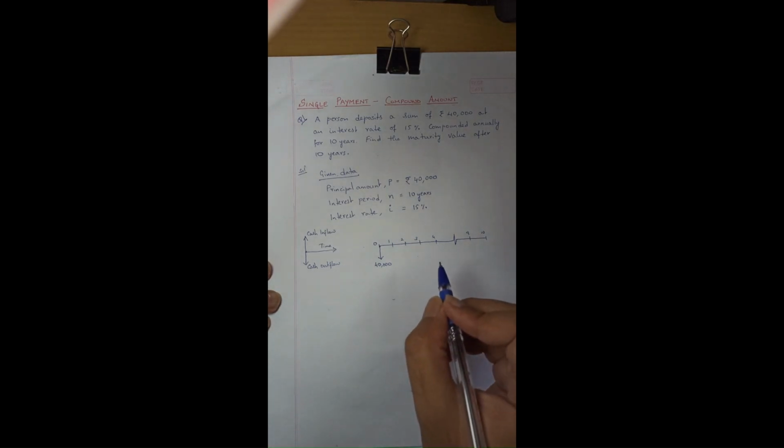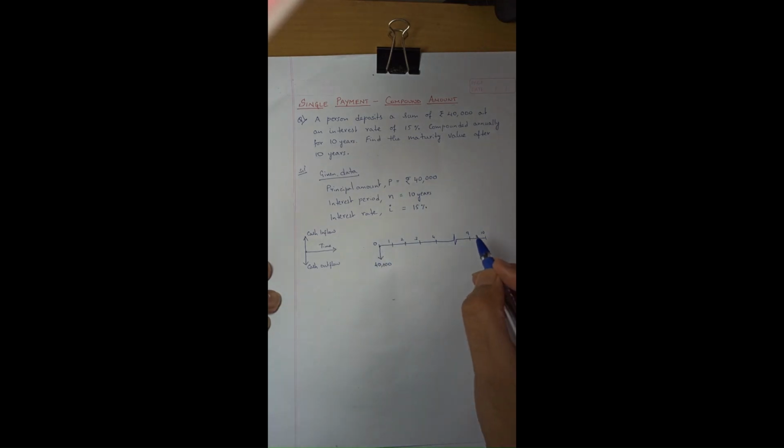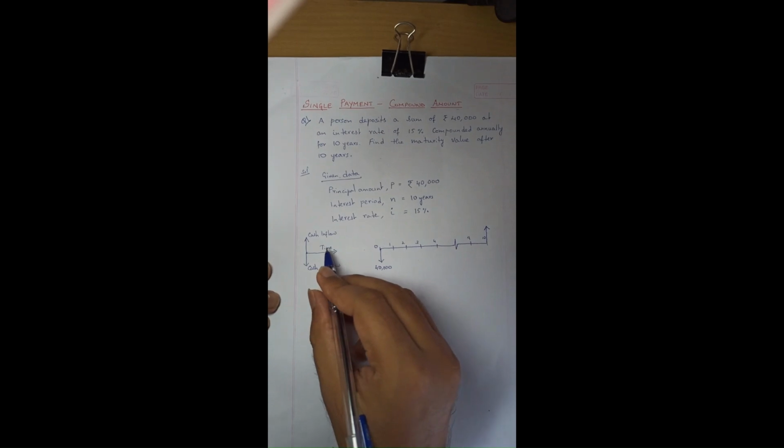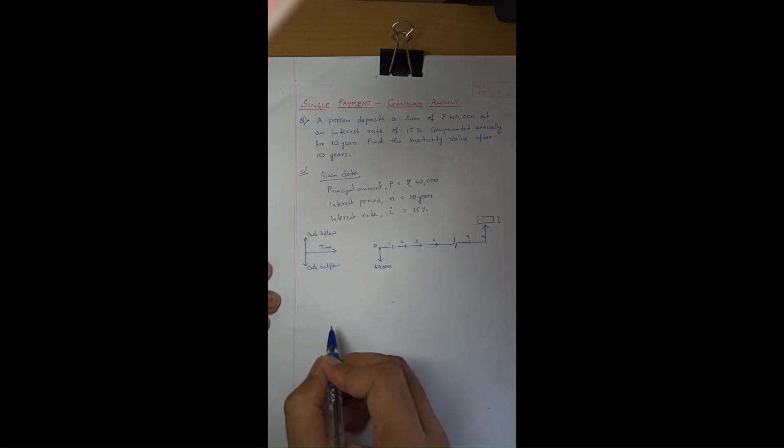Now you are supposed to determine the maturity value. After 10 years the money from the bank account is getting into the person's account, which is cash inflow. This particular value is the unknown value. This is what we are supposed to determine.